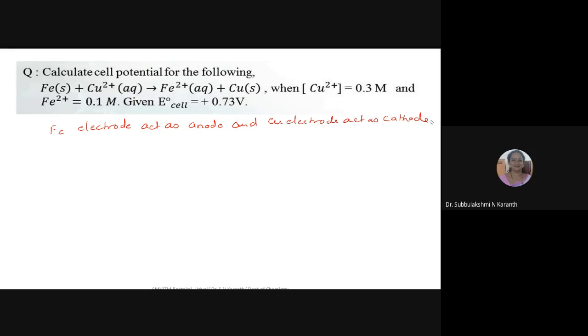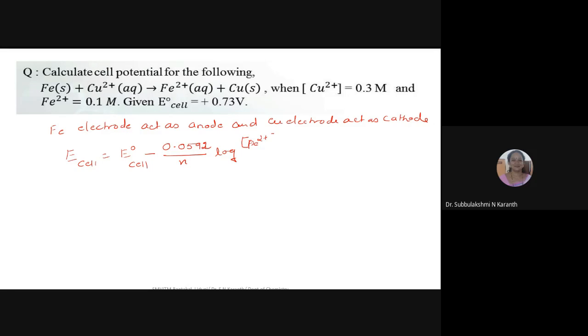Okay. Next, I'll write the Nernst equation for a cell potential. E cell equal to E naught cell, I'll take minus sign. And at 25 degrees, I'll mention because they did not mention the temperature. So I'll take for 25 degrees, 0.0591 or 0.0592 by n log concentration of the product by the concentration of the reactant, Fe2+.